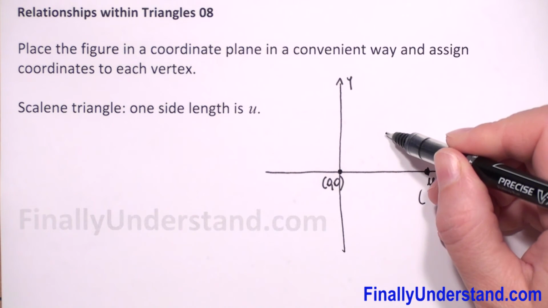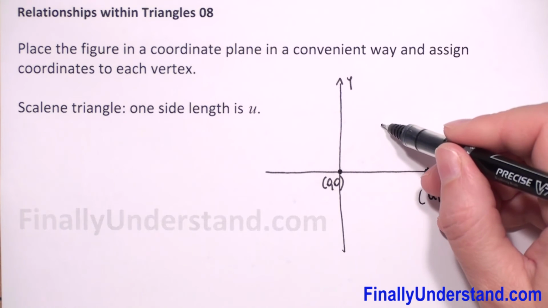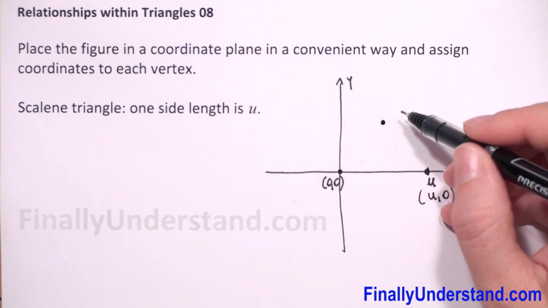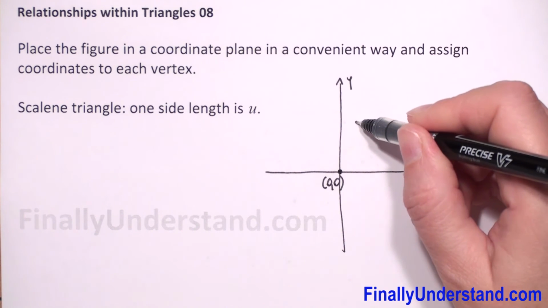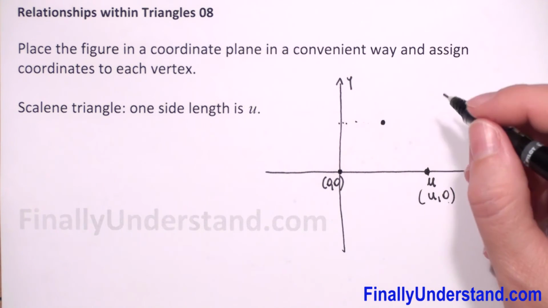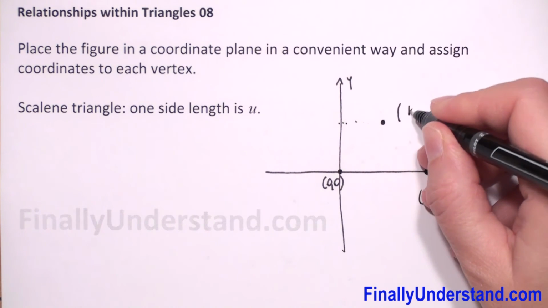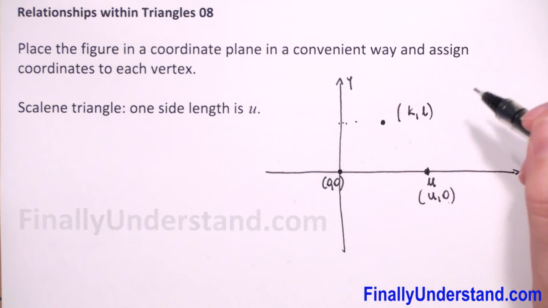Because we have a scalene triangle, we don't have congruent sides. So we can put, for example, here the third point, and this point will have coordinates, let's put, for example, (k, l).